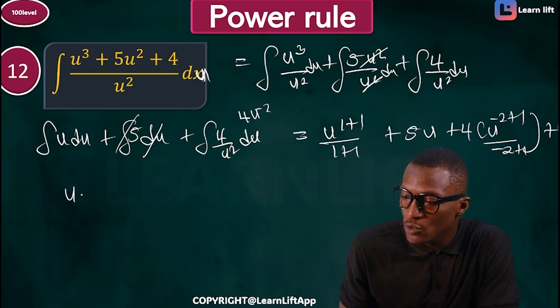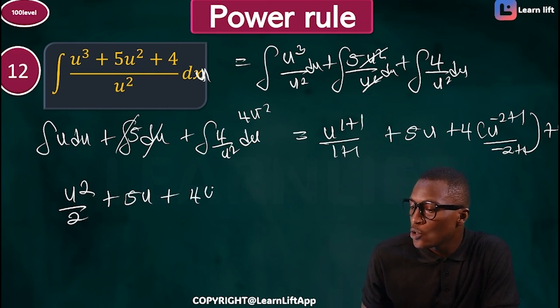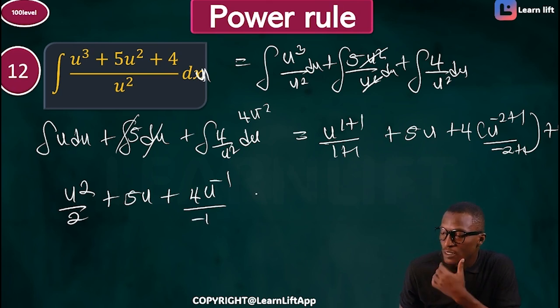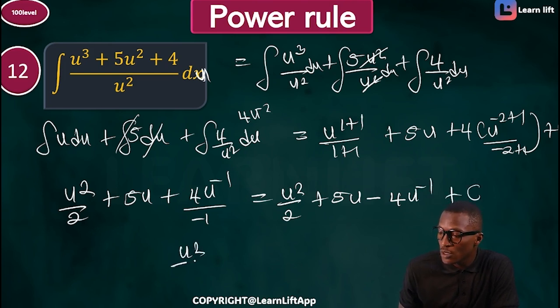That will give me u squared all over 2 plus 5u plus 4u raised to power minus 1 all over minus 1. So that will give me u squared all over 2 plus 5u, this will give me minus 4u minus 1 plus c. Or I can say u squared all over 2 plus 5u minus 4 all over u plus c.